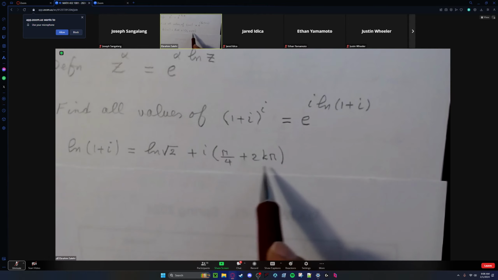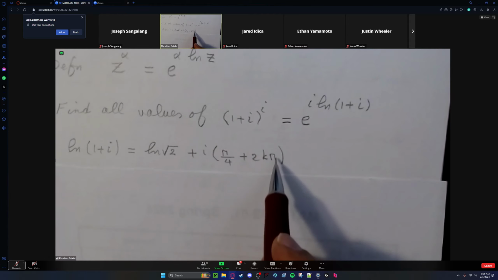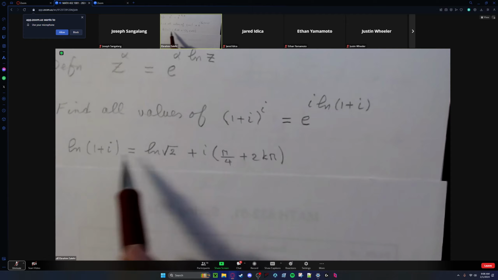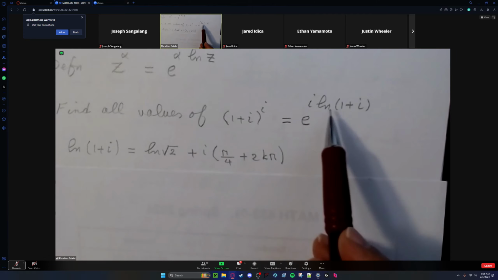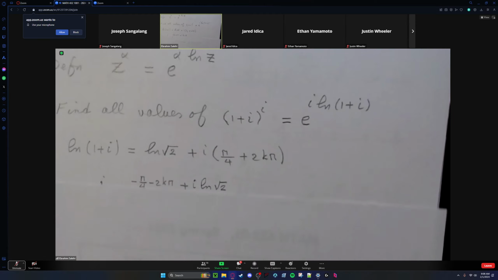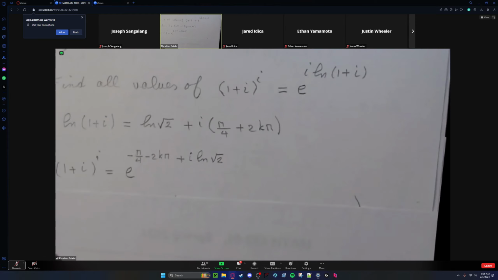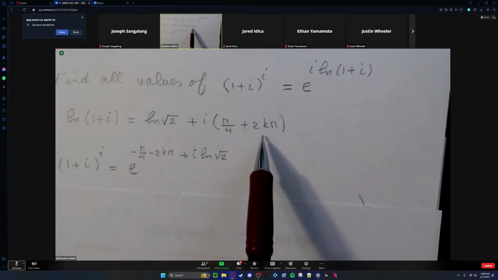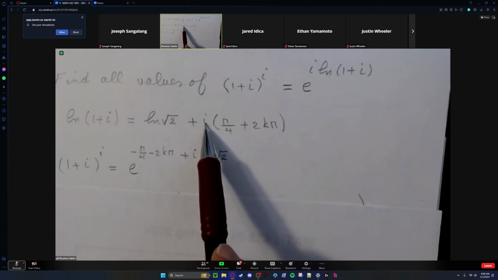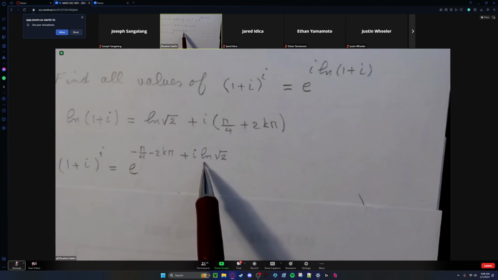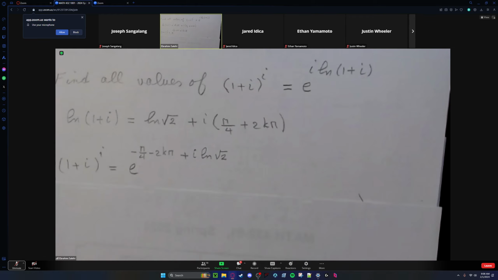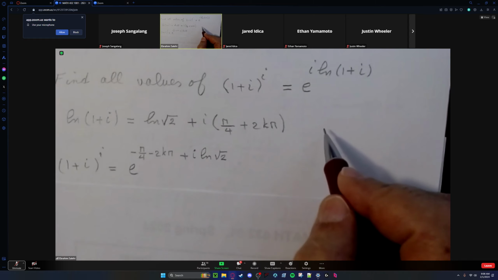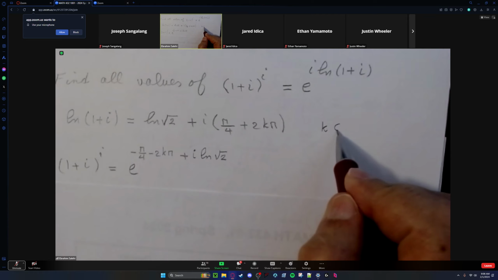And this is when I say infinitely many because of this k. So this log of 1 plus I replaces this one right here. So it will be e to the I times this. When you multiply by I, this will be negative. And remember, k is an integer.